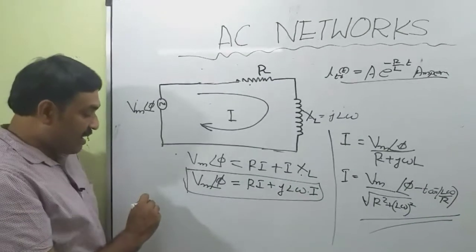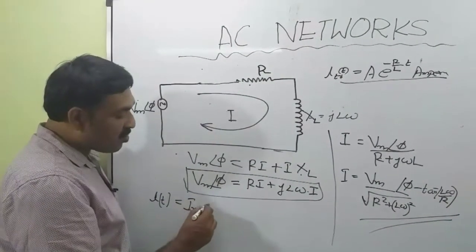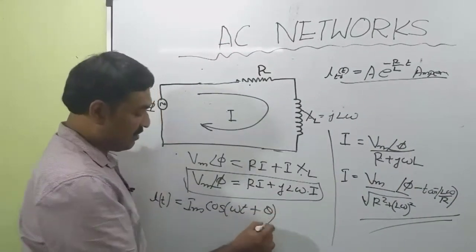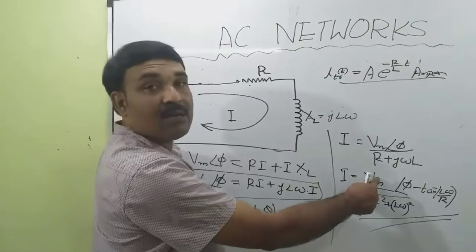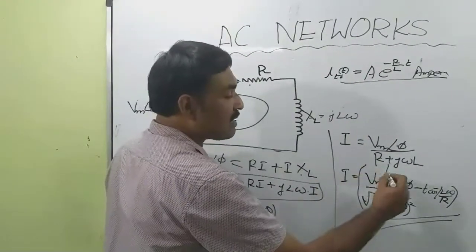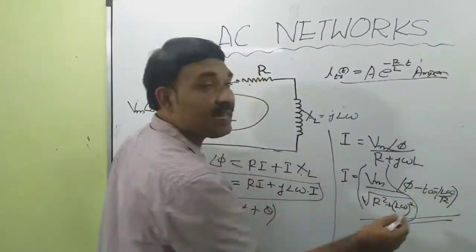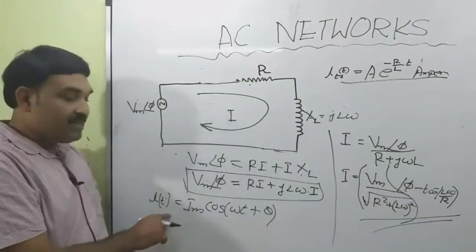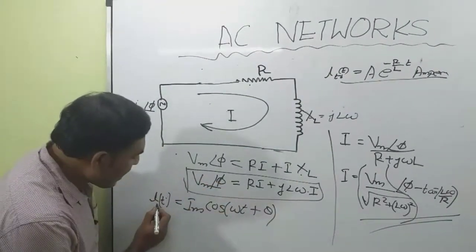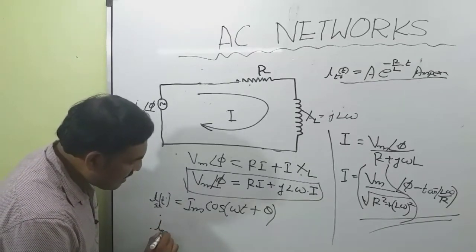We can write current I of t equal to Im cos(omega t plus theta), where Im is Vm divided by root of R square plus (L omega) square, and theta is the angle phi minus tan inverse of L omega by R. And this is the steady state portion of the current, that is I steady state.